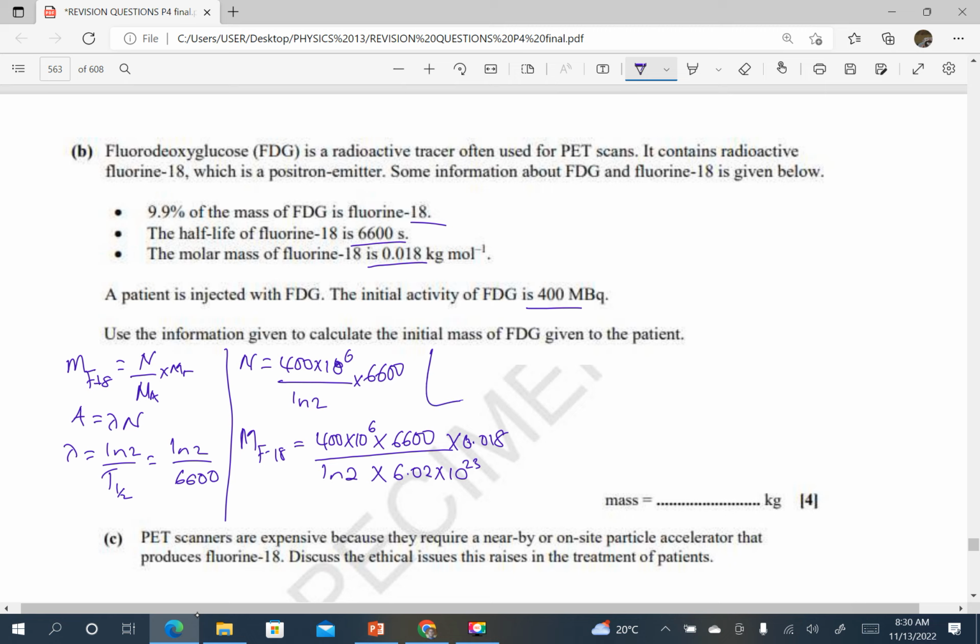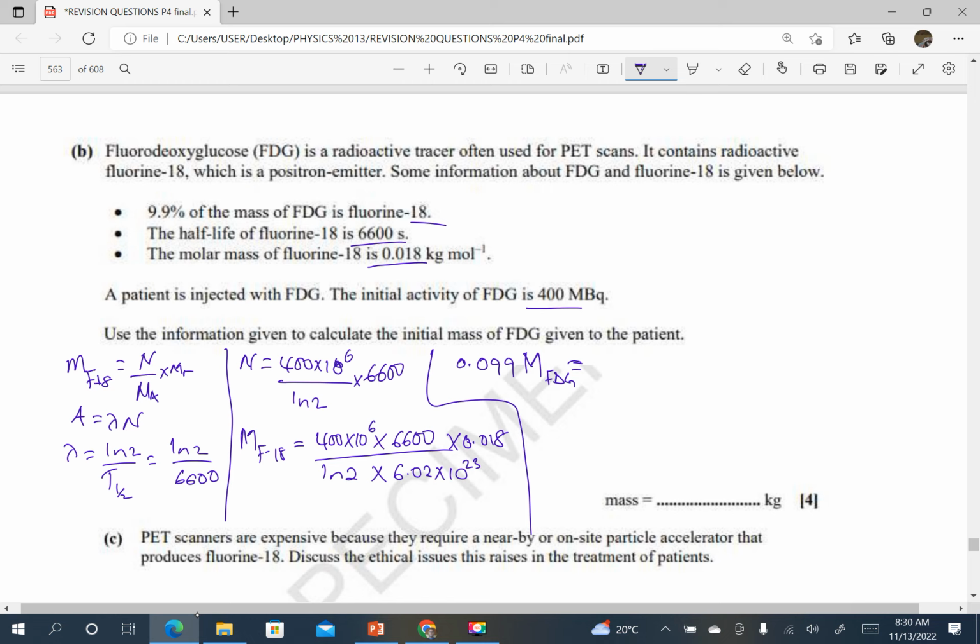Okay, now this mass should be equal to 9.9% of the mass of FDG. So 9.9% of the mass of FDG is fluorine, and 9.9% is 0.099 of the mass of FDG, the same as the mass of fluorine. So this is going to be equal to this value here.